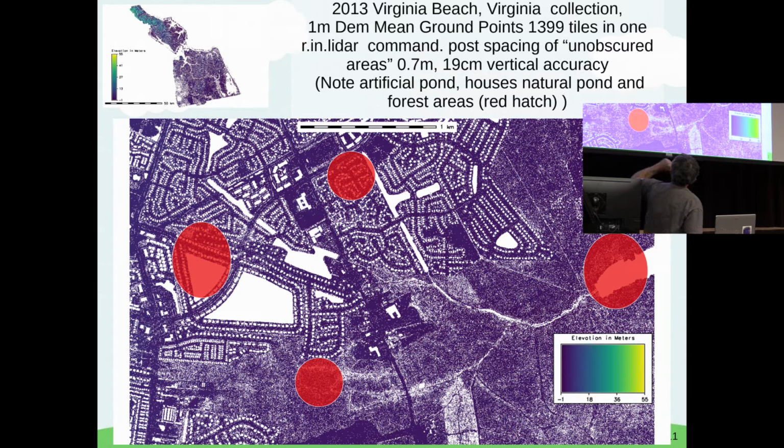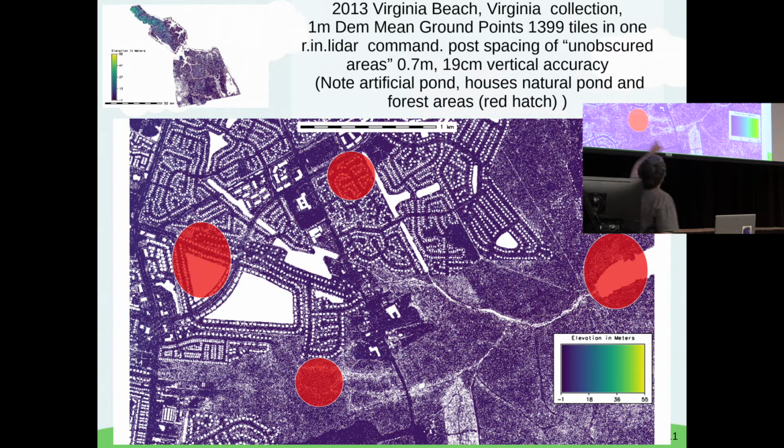And you can see that you'll have a lot of swampy areas here. You've got just a pond in the development. You can see all the houses, there are no ground points on houses. There's a natural water body up there, and the houses themselves.